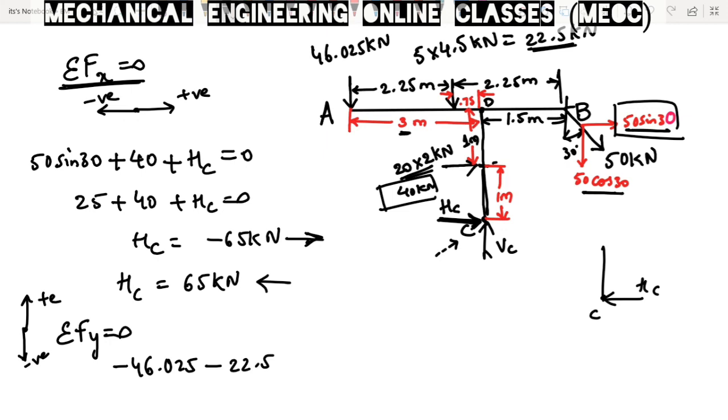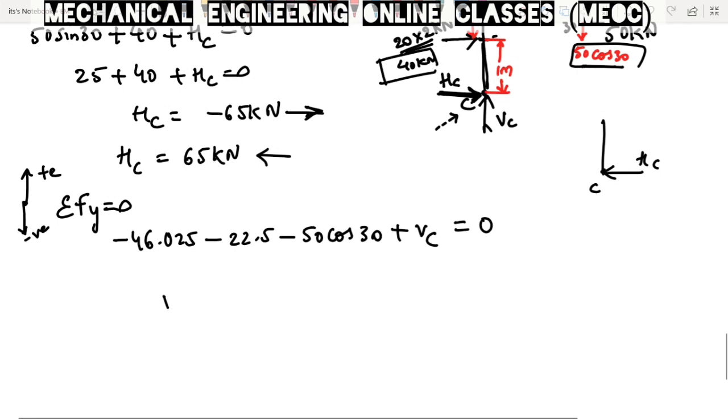Then apart from that there is a 50 cos 30 force also acting downward. So minus 50 cos 30. Then VC is upward. So it is plus VC. So there are only 4 forces.